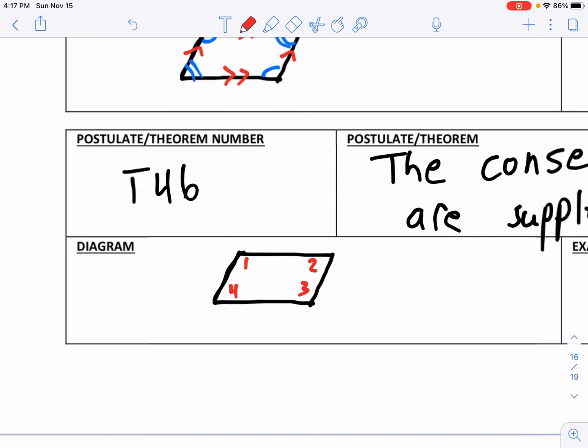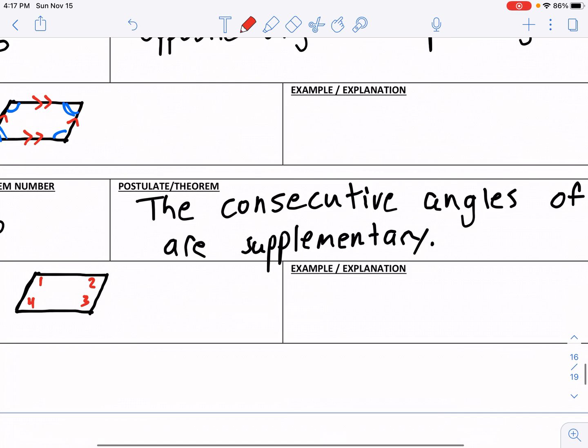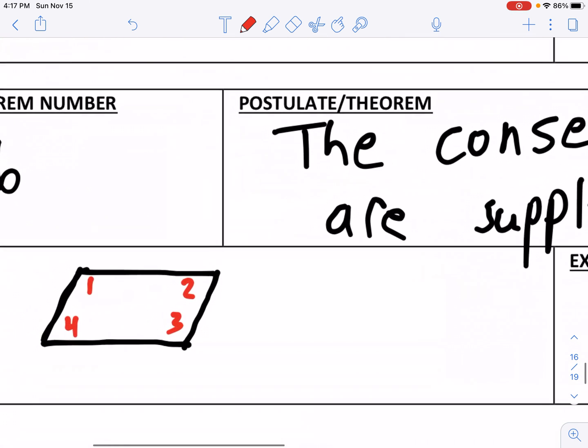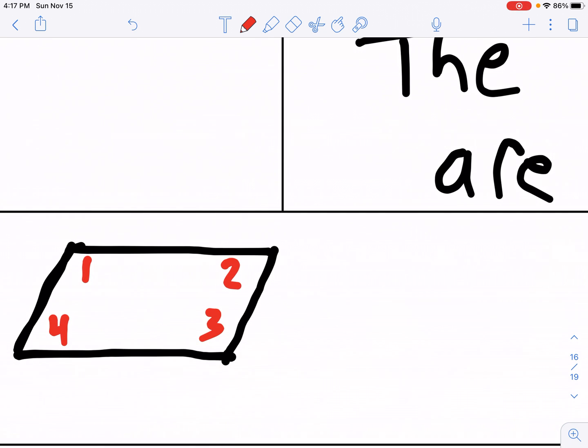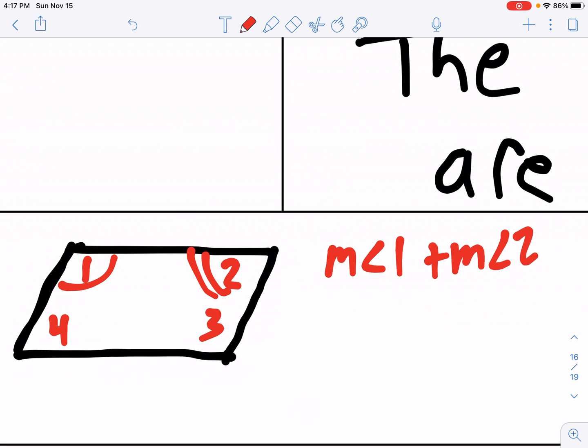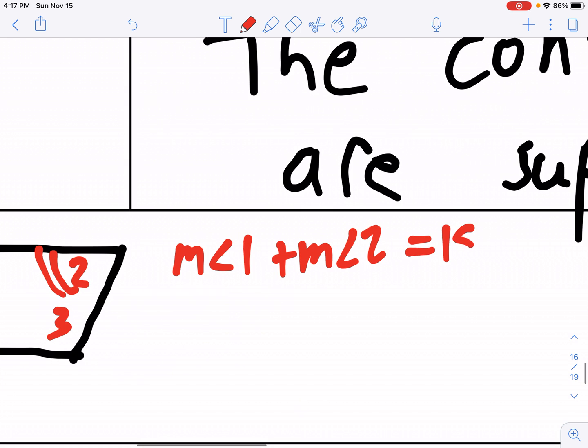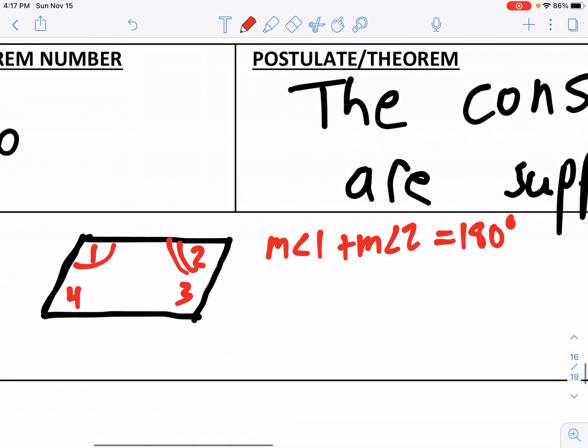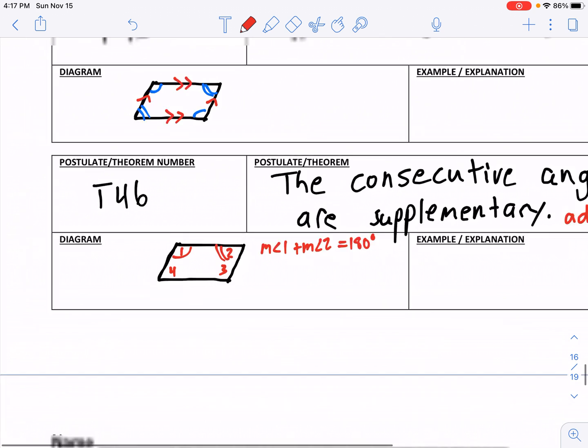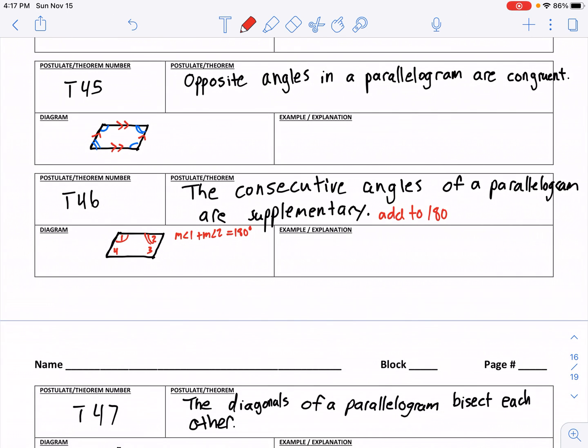With that in mind, if they're supplementary, remember that means they add to 180. So I could take a pair of consecutive angles like angle 1 and angle 2, and the measure of angle 1 plus the measure of angle 2 would add to 180 degrees. Anytime we have consecutive angles of our parallelogram, they're supplementary; they add up to 180 degrees.